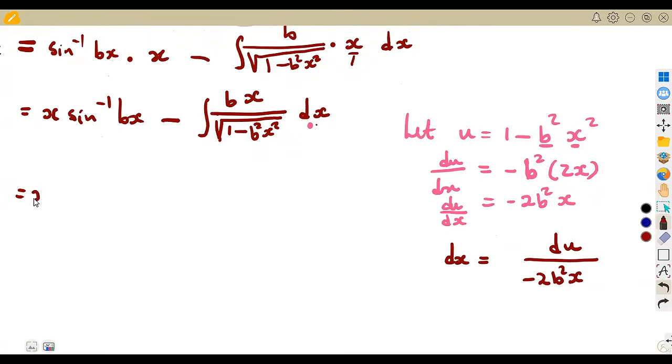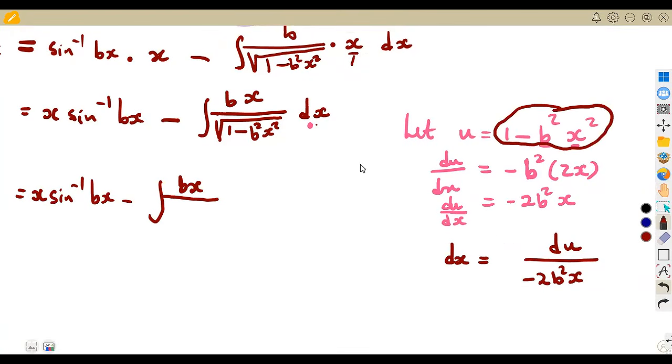So this is going to remain as it is. The first part, x times arcsine of bx minus the integral. So this was supposed to be written like this: bx over the square root of, remember we said 1 minus b squared x squared represents u.